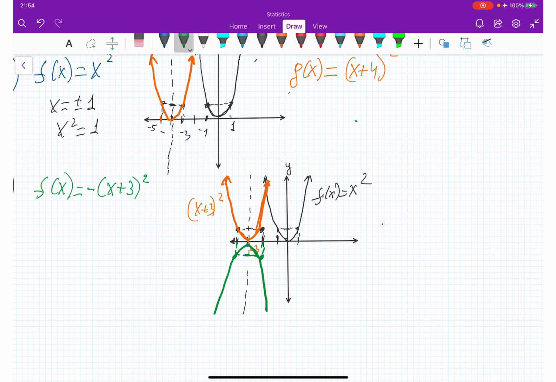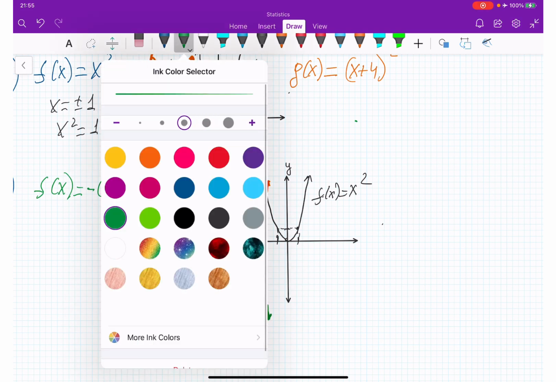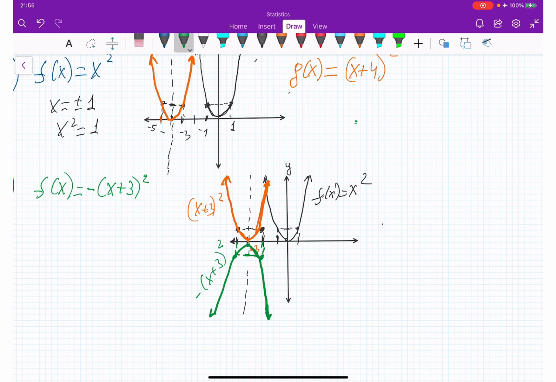So we flip down, and this is our negative x plus 3 squared. I hope I make it clear and understandable. So x plus 3 squared with negative sign.